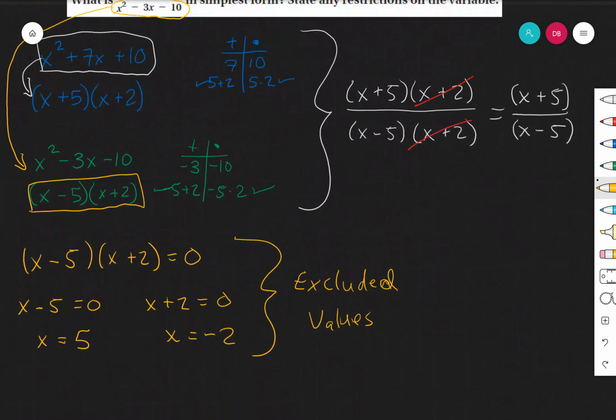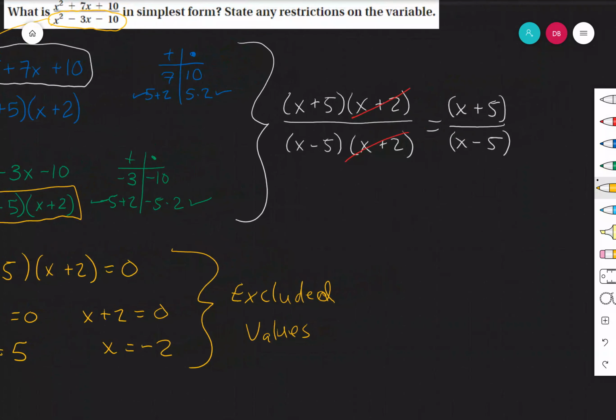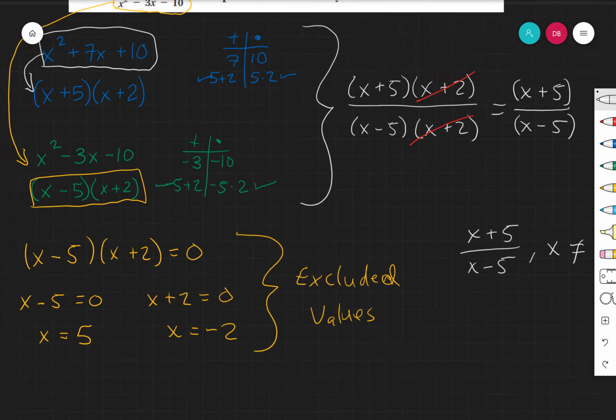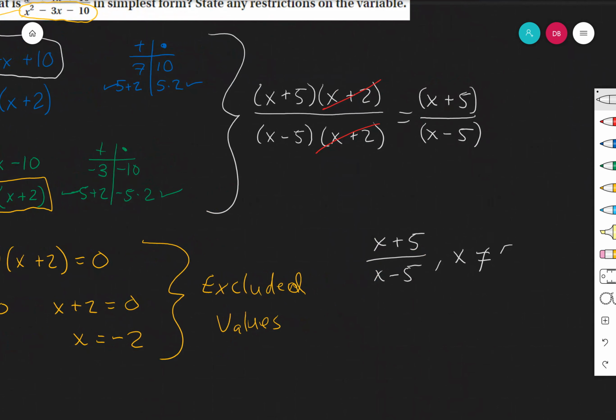X can't equal 5, and it also can't equal negative 2. So then our final answer, just to write it succinctly, is x plus 5 over x minus 5, where x cannot equal our 2 excluded values, 5 or negative 2. And that is our final answer.